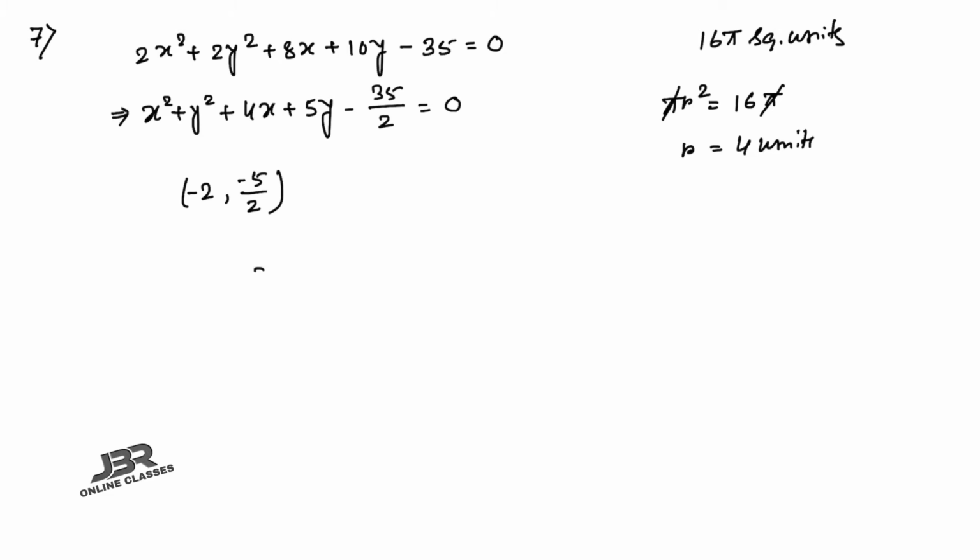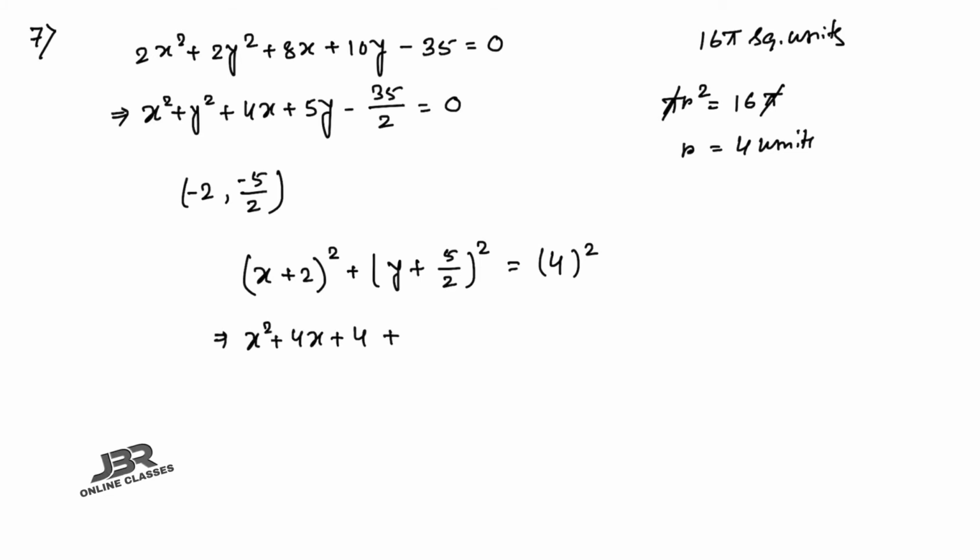The equation of the circle will be (x plus 2) whole square plus (y plus 5 by 2) whole square equal to radius, 4 square. So x square plus 4x plus 4, y square plus 5y plus 25 by 4, equal to 16.